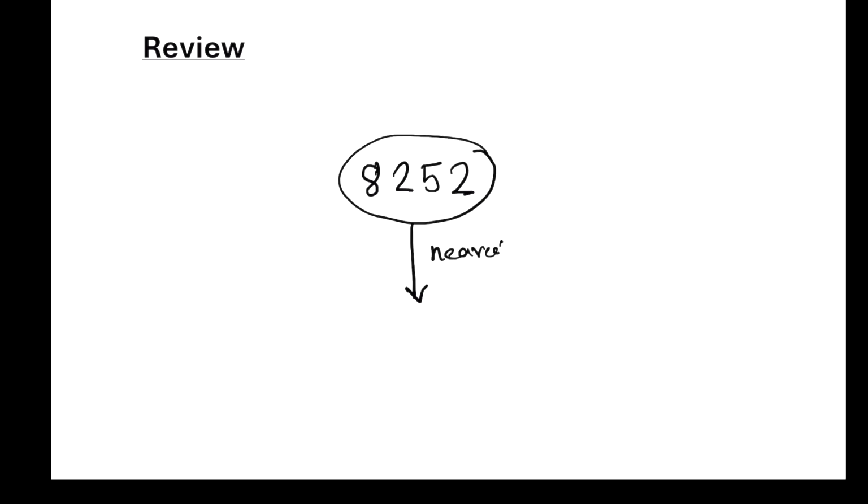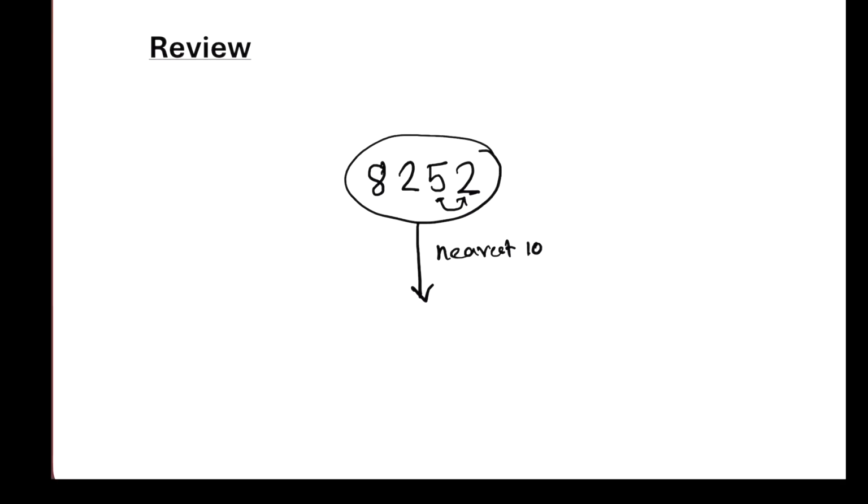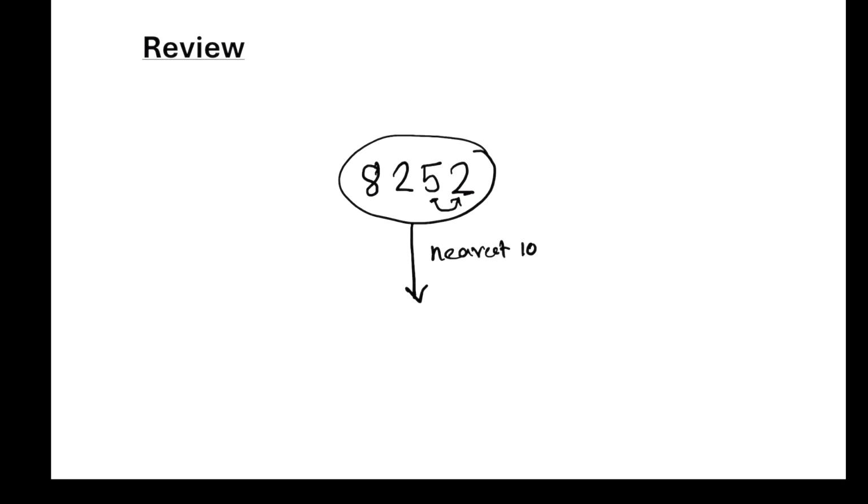First, figure out what is the tens place digit. 5. Look at the previous, which is the ones place digit, which is 2. 2 means no change. So 8,252, the nearest 10 will be 8,250.